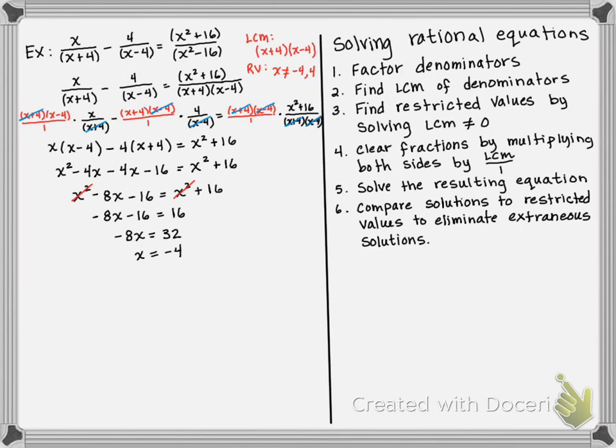So in this case, is x equals negative 4 a valid solution? No. It is not, right? And so since it's the only possible solution, that means that this equation has no solution.